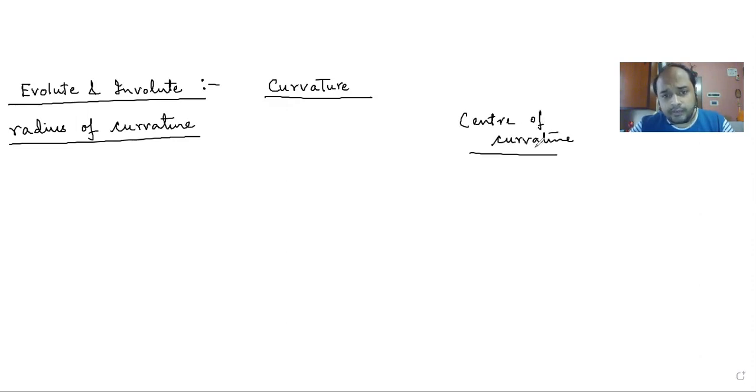Now this evolute is actually related to center of curvature. Involute is also related to center of curvature.